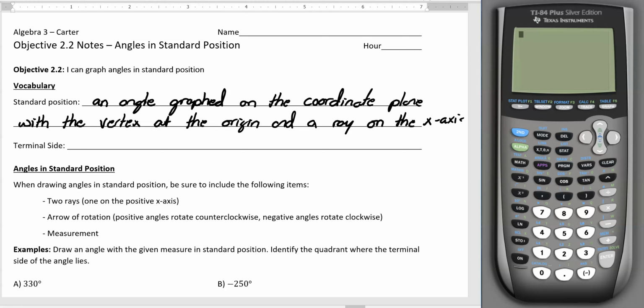What I mean is our vertex of the angle will be centered where we would put (0, 0), and then we'll have a ray on the positive x-axis. So it'll be going to the right from (0, 0).